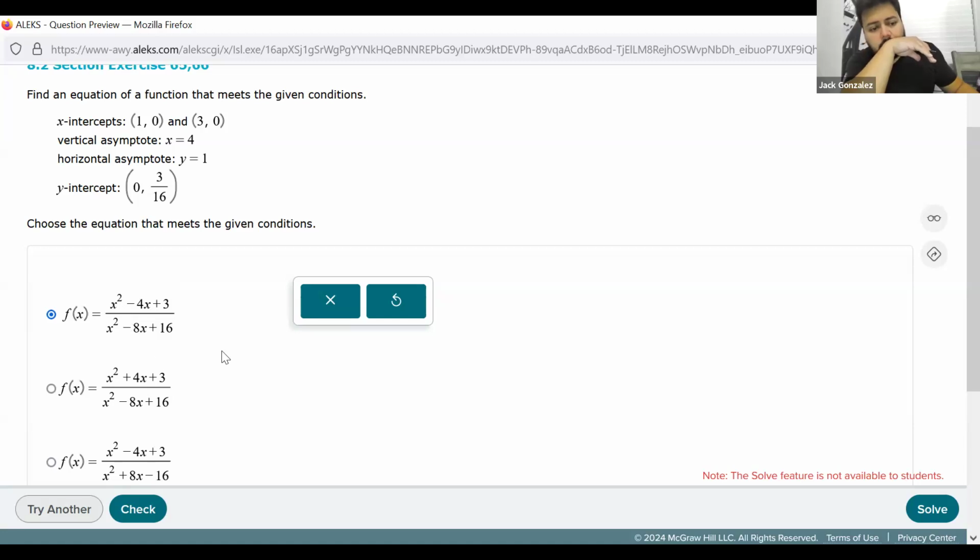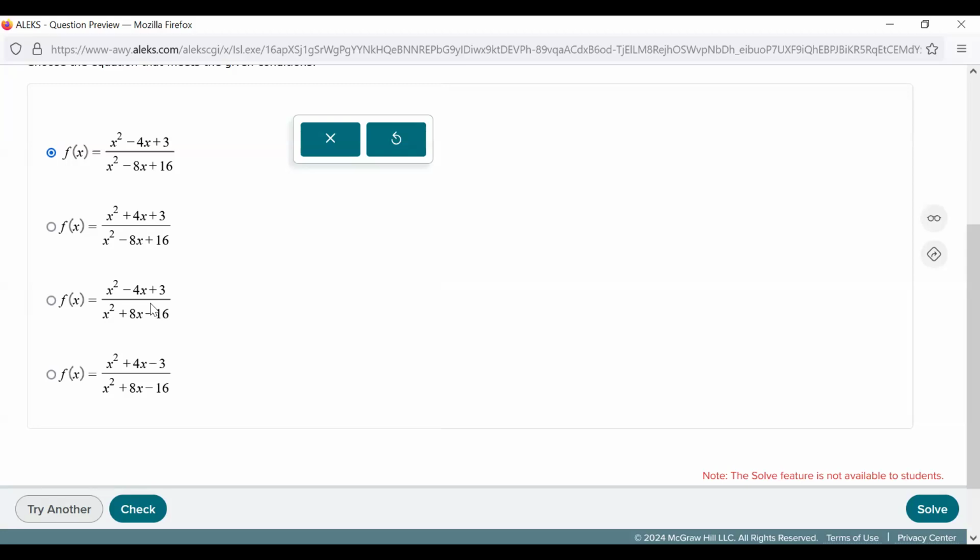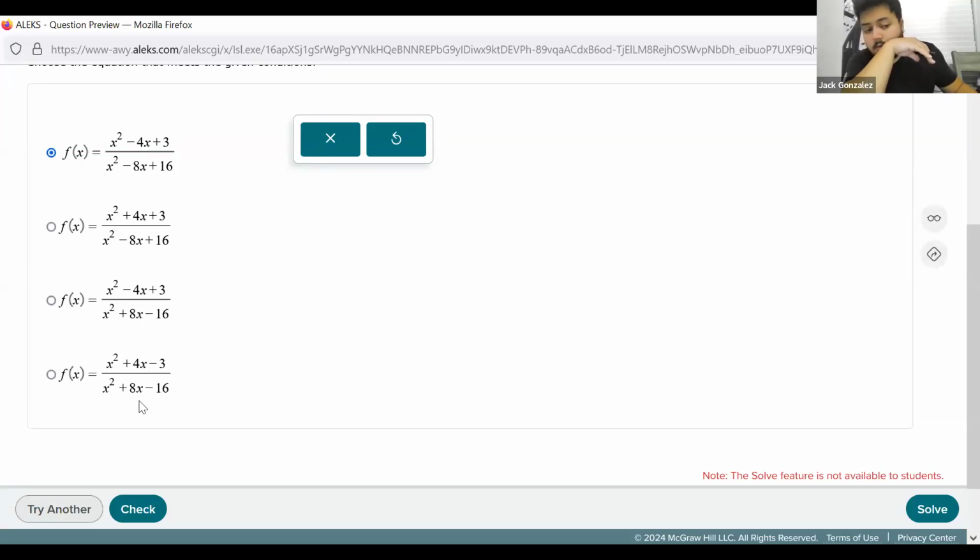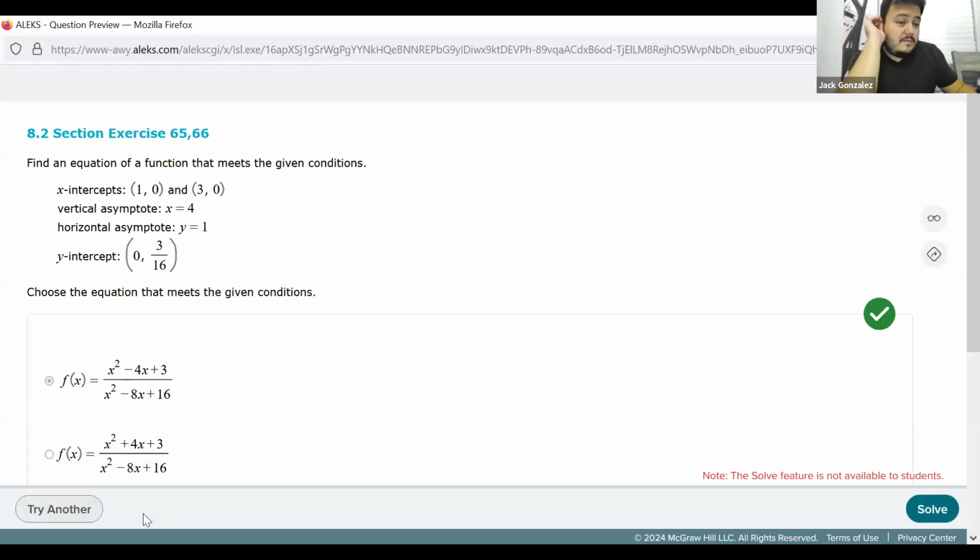So A or C. Nope, not C. So looks like only A is cool because it has to be minus 8 plus 16. Only these two have it. And the top part is wrong on B. So it should be A.